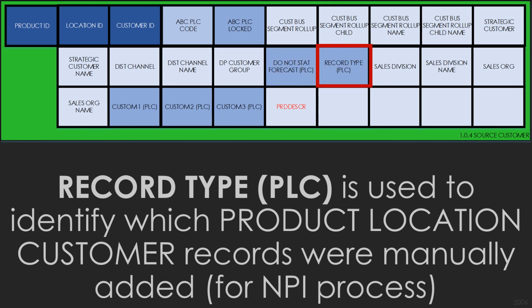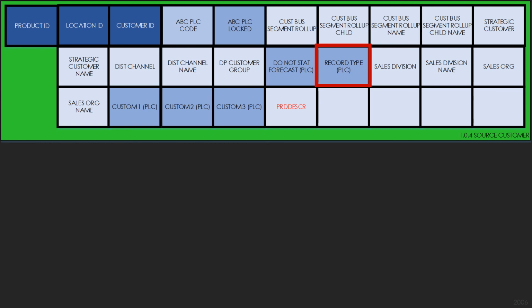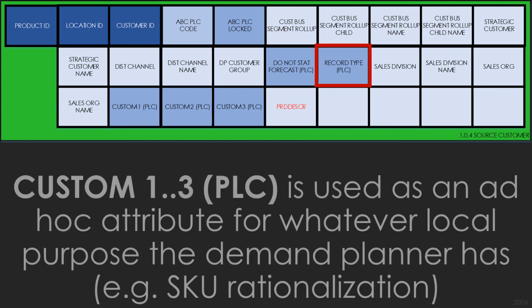Record type PLC is used to identify which product location customer records were manually added for the NPI process. Custom 1, 2, and 3 PLC is used as an ad hoc attribute for whatever local purpose the demand planner has. Source customer currency.